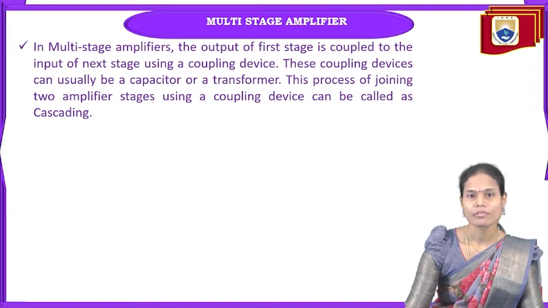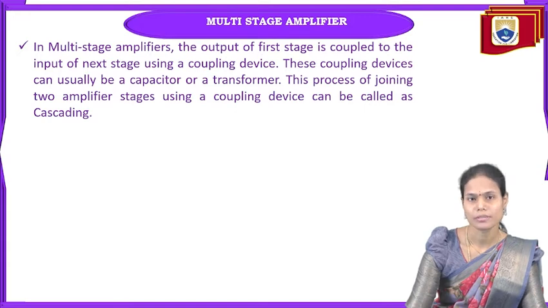The process of interconnecting the output of one stage to the input of the next stage is nothing but cascading of the amplifiers. In multi-stage amplifiers, we use direct coupling, RC coupling or transformer coupling. Among the three types, we can utilize any one coupling scheme to make a multi-stage amplifier from the individual single stage amplifiers.